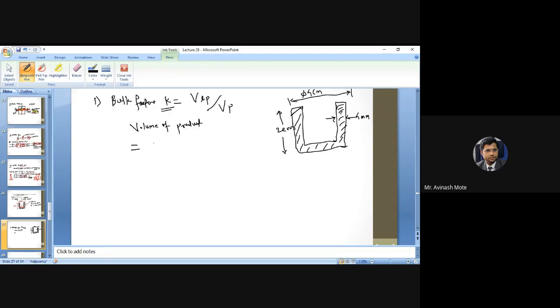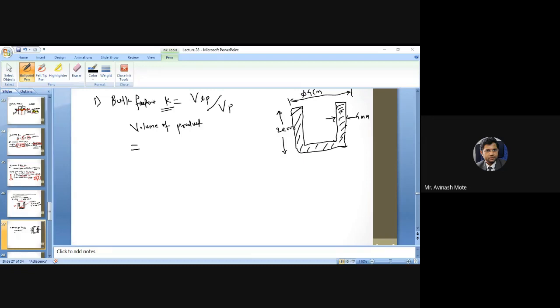First I will calculate the volume of the vertical walls, and then the volume of the base, because the base is a different part and the side walls are different.